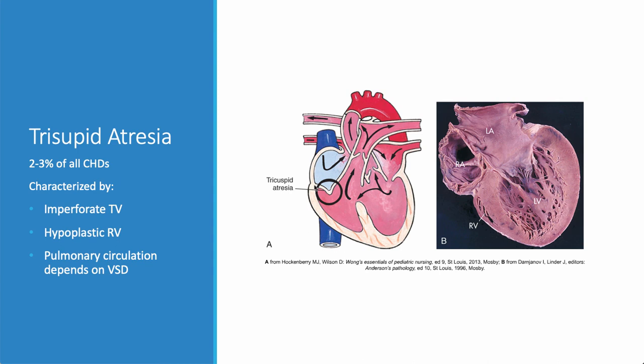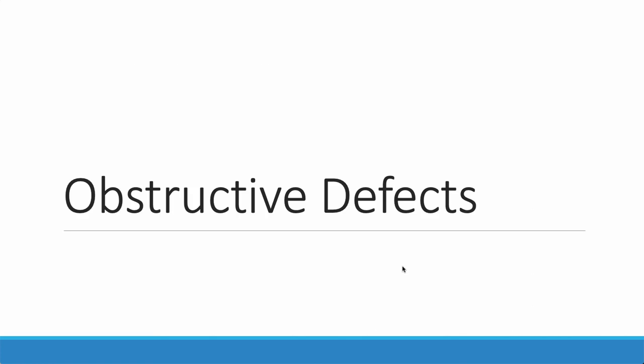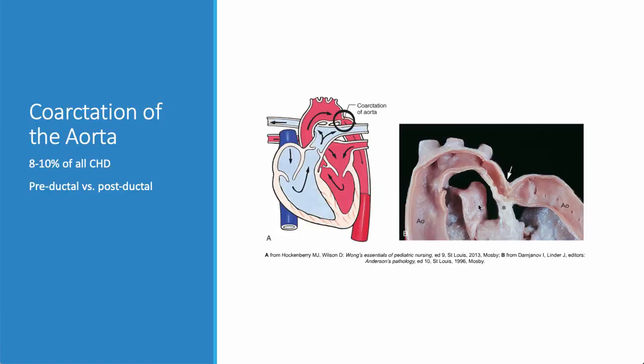Tricuspid atresia, where the tricuspid valve doesn't develop fully and the blood has to get to the lungs a different way. This is that thing about Something the Lord Made. You can watch a little preview about it here. I'm telling you, it is fascinating. There's obstructive defects that happen as well, like coarct.